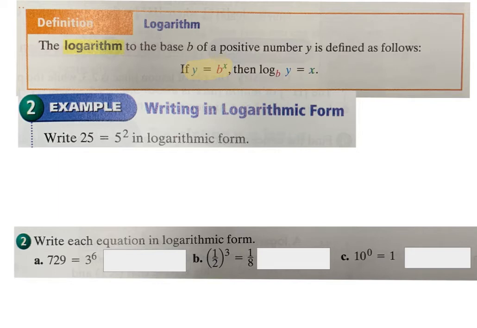Y equals b to the x. This should look very much like all of the exponential functions from the prior sections that we did homework with. That is an exponential function. If this part is true, think about your logic from geometry, if-then statements. If this is true, then you can write that function as a logarithm.